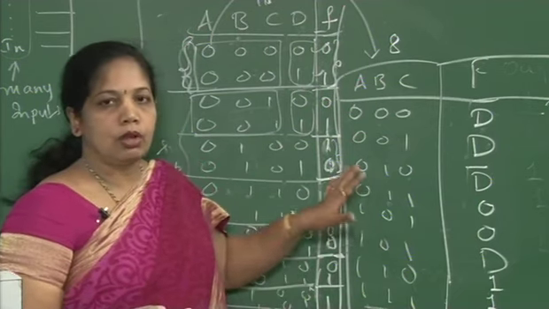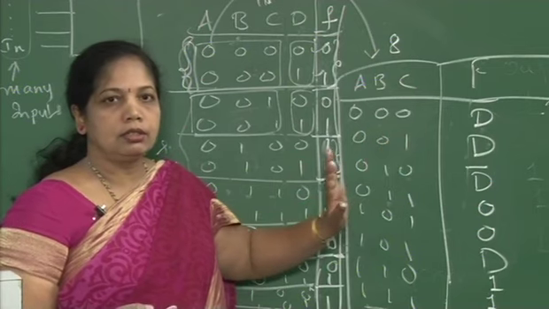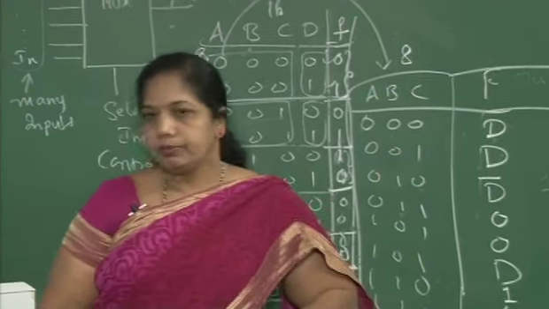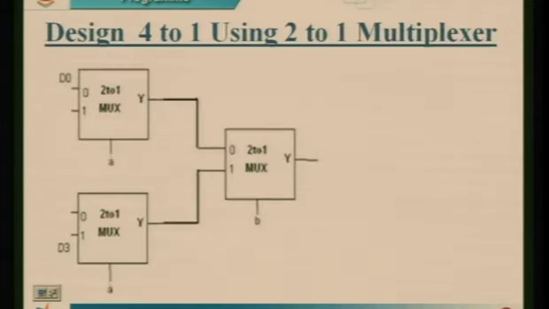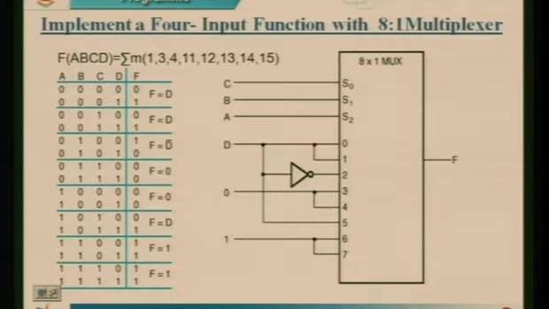Now, how do we connect this to the circuit? You can go to the circuit diagram over here. I have connected S0, S1, S2 to C, B, A, where C represents the least significant bit. As I said, A will be the most significant bit. S0 is the least significant, S2 will be the most significant bit.